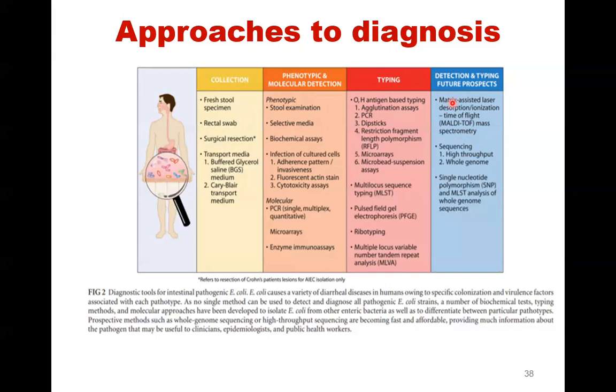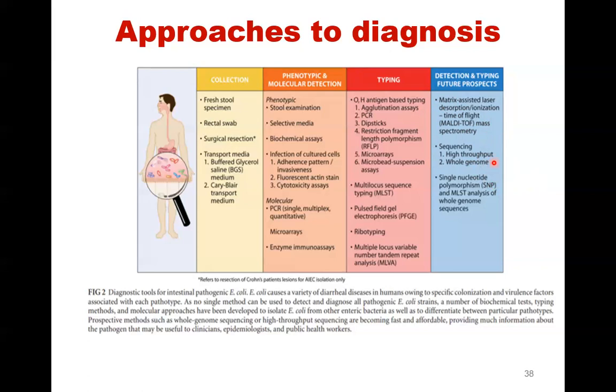It's a mass spectrometry assay, and the library against which you can compare your isolate is expanding. So this is the top range tool that we have in the microbiology lab. Then you can use sequencing assays, or single nucleotide polymorphism and MLST analysis of the whole genome.